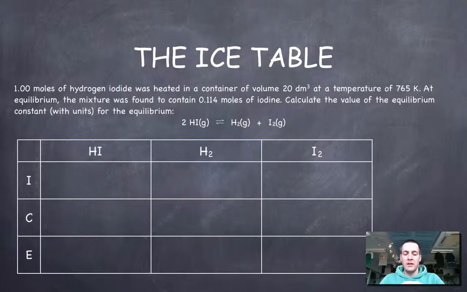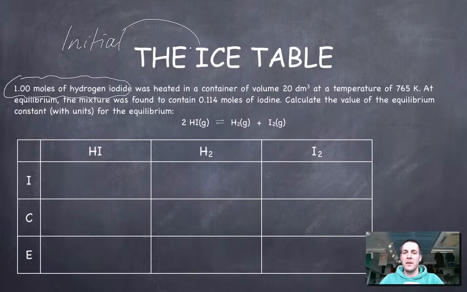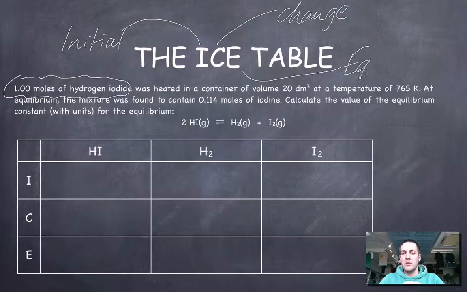Now, it's useful to understand why it's called an ice table before we start. So this I refers to initial values, so what we started off with. So this would be an initial value here. That's what we put into the container. There will be a change in the values before the system reaches equilibrium.